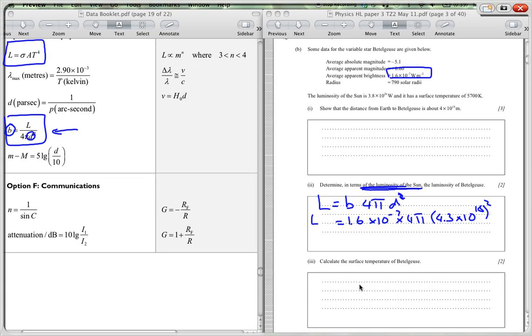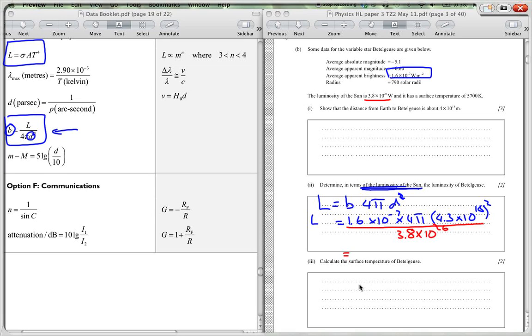So I'm going to divide this by the luminosity of the sun, which is 3.8 times 10 to the 26. That will give me my luminosity in terms of the luminosity of the sun.